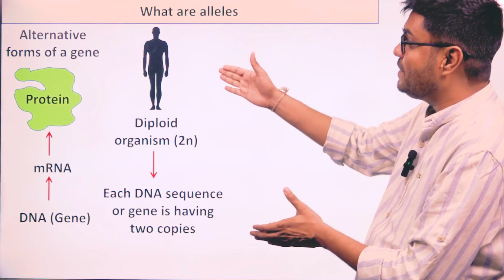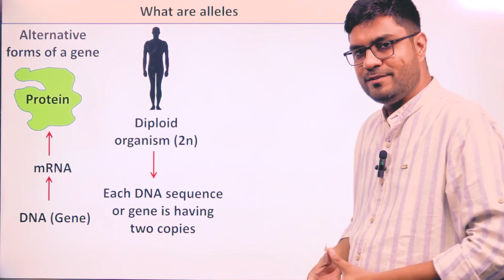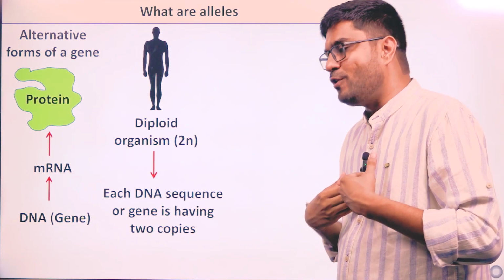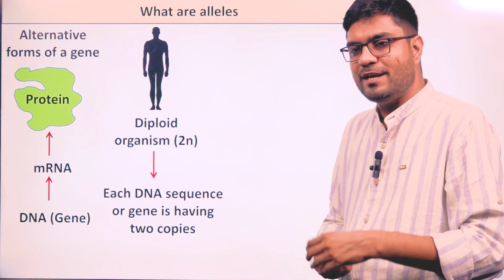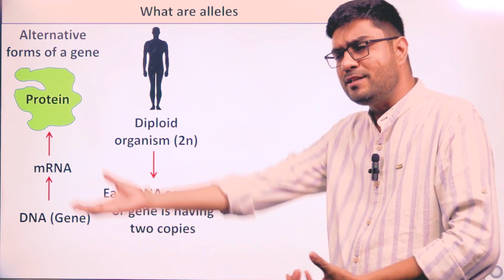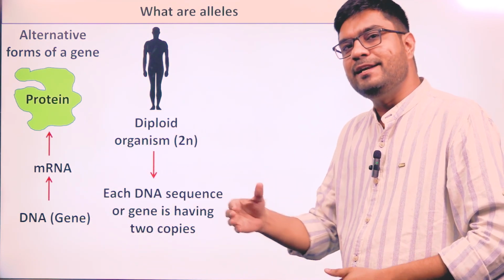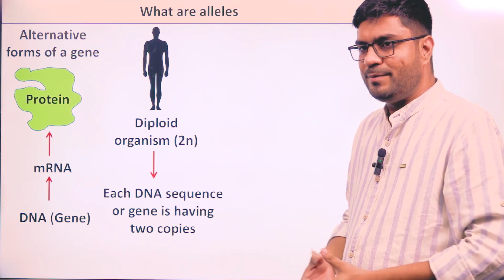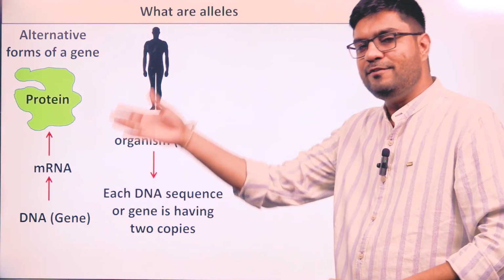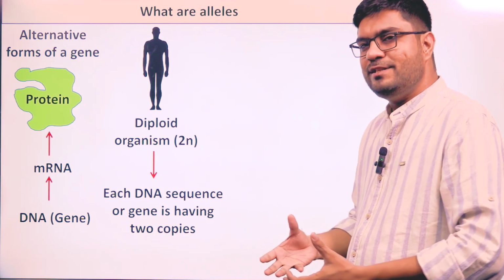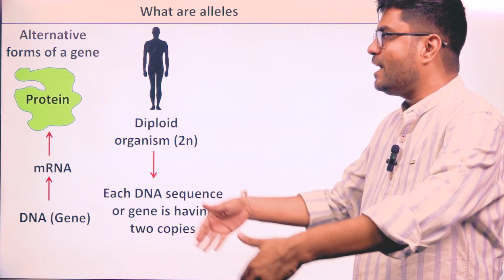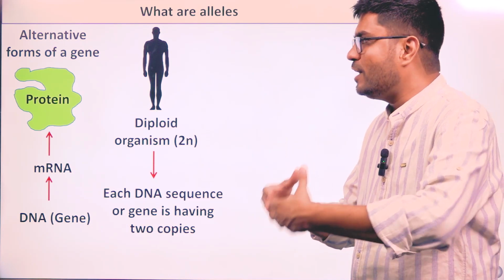We'll see. Now of course, a gene can have more than two forms or more than two copies, but of course they will not be present in the same diploid organism. I can have two copies of hexokinase, two types of DNA sequences which are encoding for hexokinase. Another individual will come and he can have other types of copies for the same enzyme. Another individual comes, and you can say that for a particular gene there can be multiple types of forms or more than two types of forms.